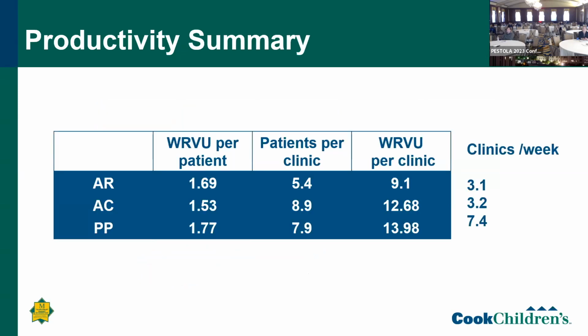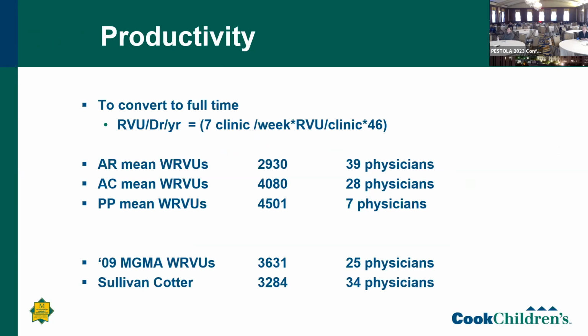And so what you could do is look at all of that information, the RVUs per patient, the patients per clinic, the RVUs per clinic, the clinics per week, and you can come up and get a better understanding of what people in different categories of work are doing.